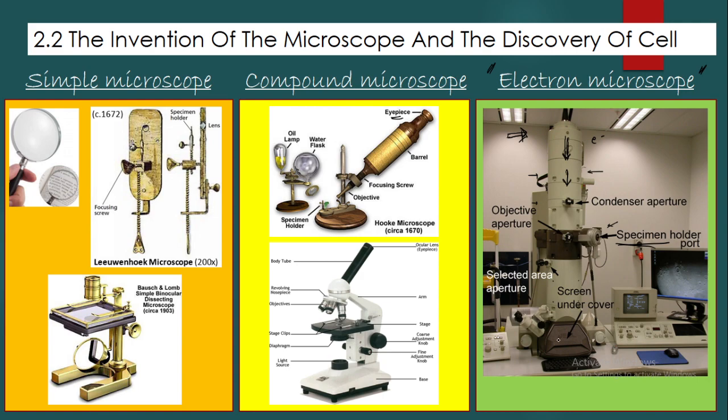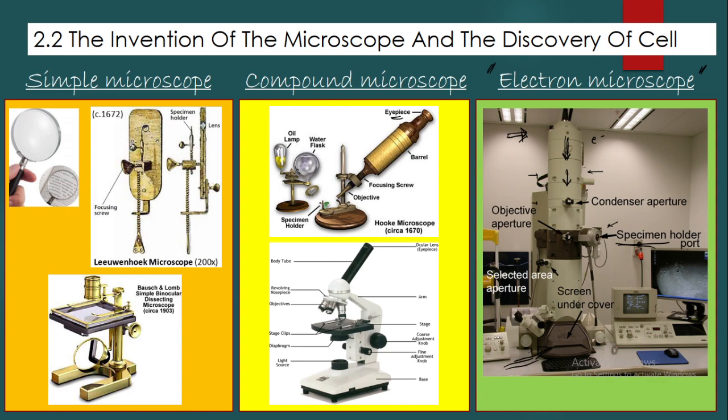That will form an image on a film at the bottom, and that digital image can be observed on a computer screen. In this way the electron microscope works, and we can observe the structures inside the cell.